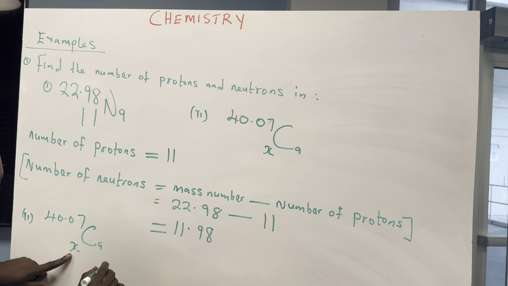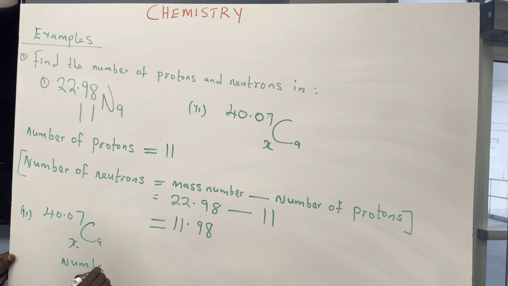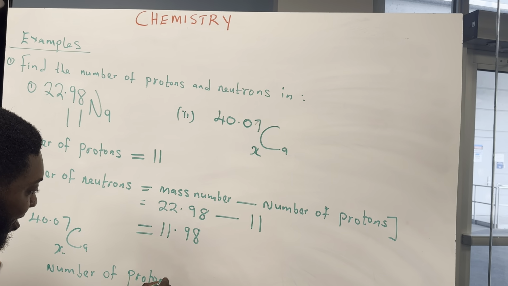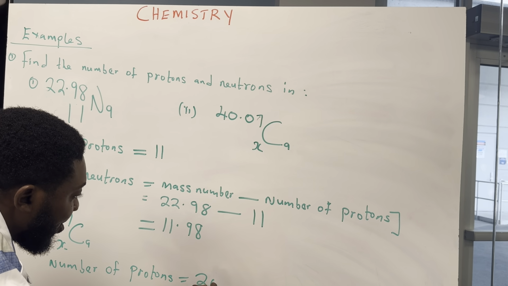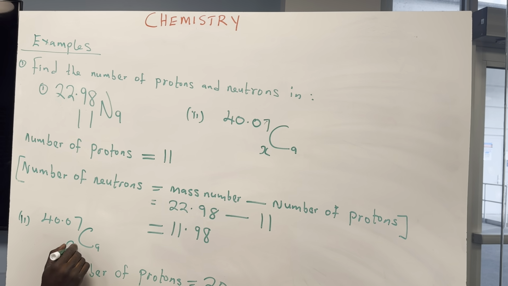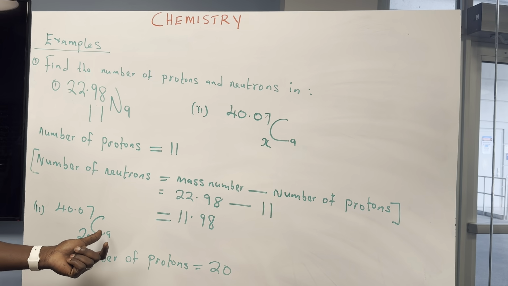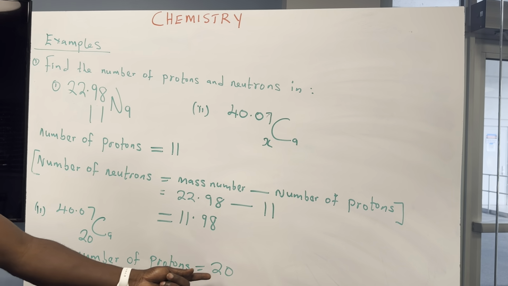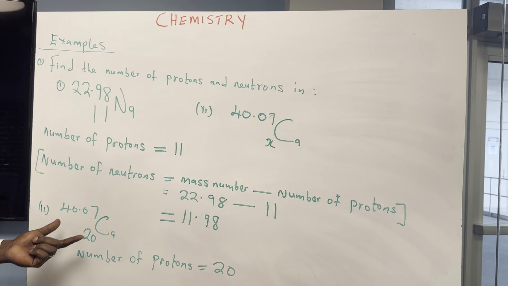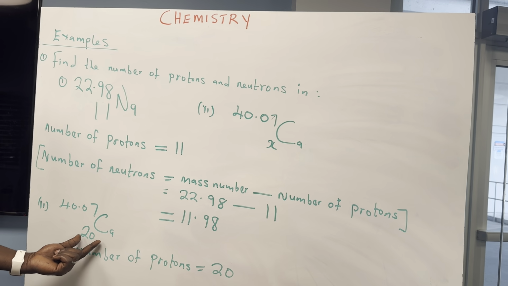So the number of protons is 20. Now we can replace this X here with 20. Why? Because calcium is the 20th element in the periodic table with atomic number 20, so the number of protons is also 20. Now we can find the number of neutrons, since we have both the mass number and the number of protons, or atomic number.